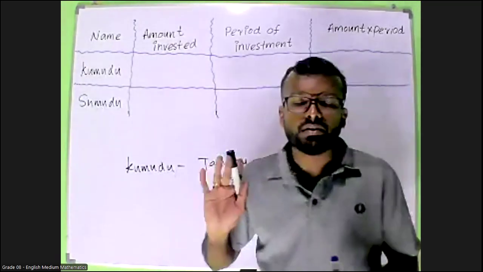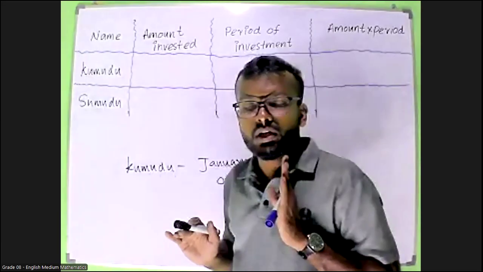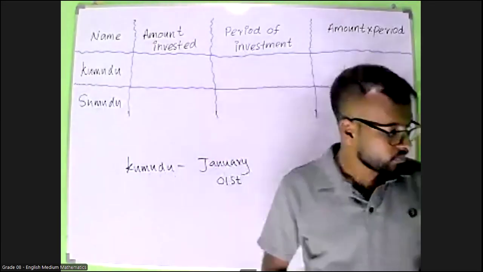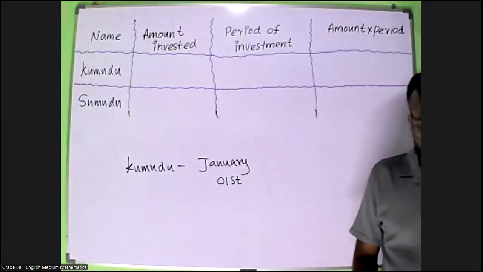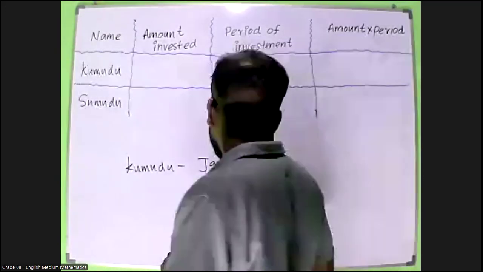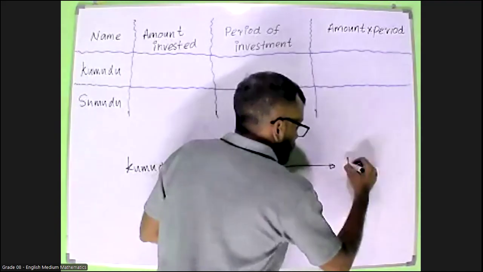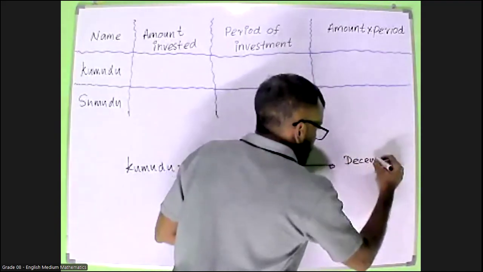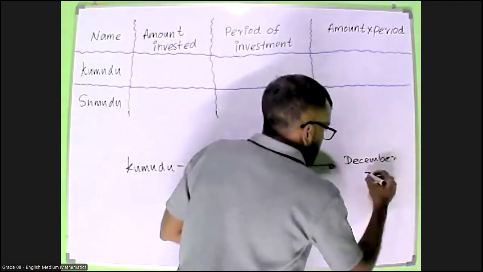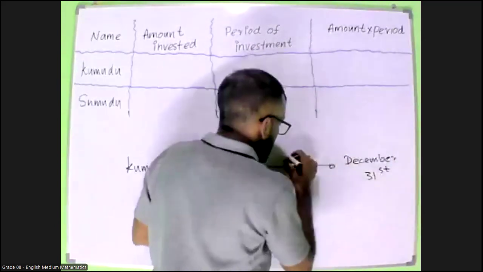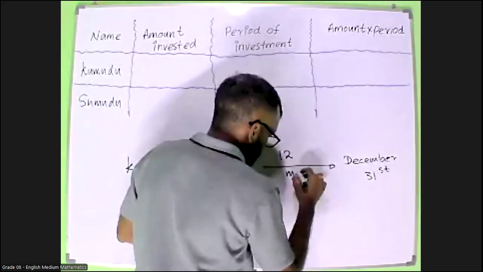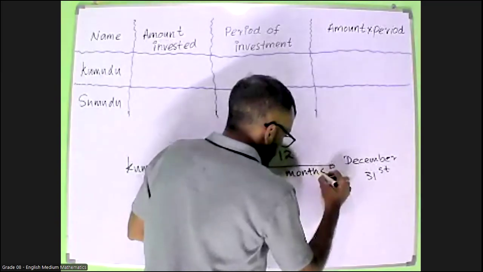Of a certain year. How many months are there in a year? 12 months. Right? Up to December 31st.